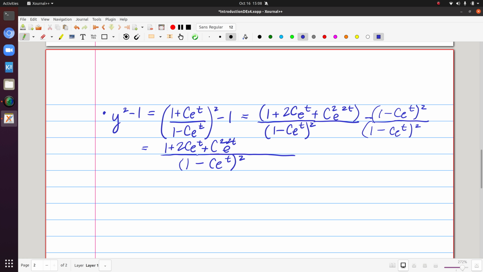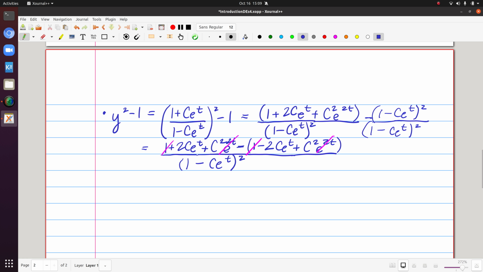And squaring out that 1 minus c e to the t, I'm going to keep that in parentheses. And so we're going to have a 1, a minus 2c e to the t, and a plus c squared e to the 2t. However, looking at what's positive and what's negative, we have a positive 1 and we're subtracting 1, and we have a positive c squared e to the 2t and we're subtracting one of those.